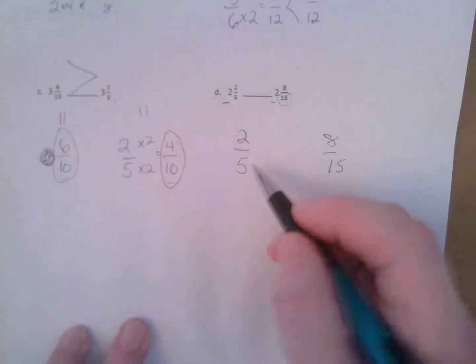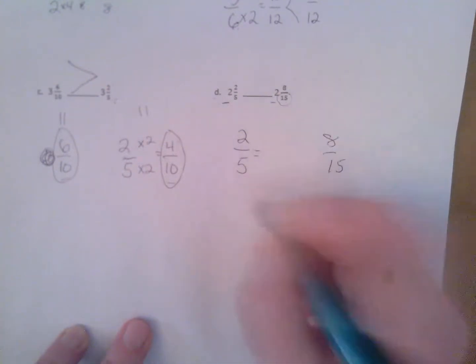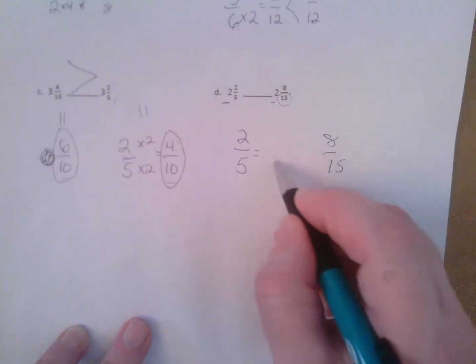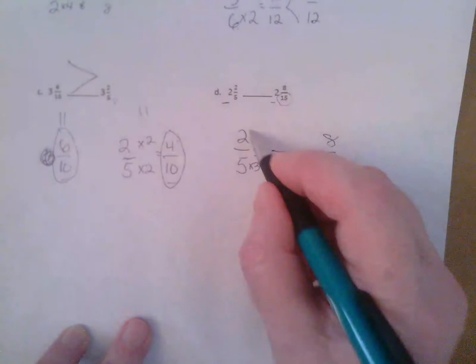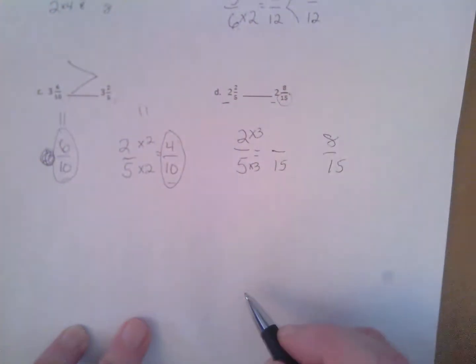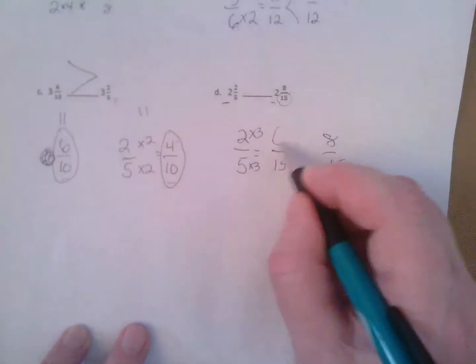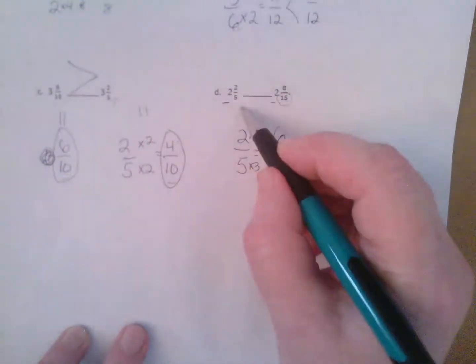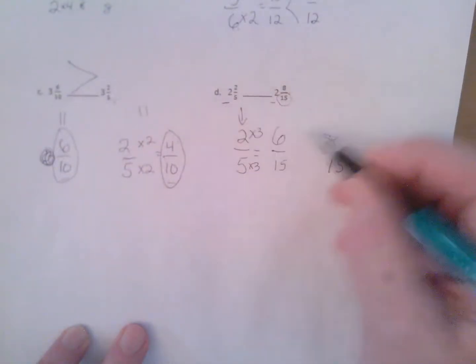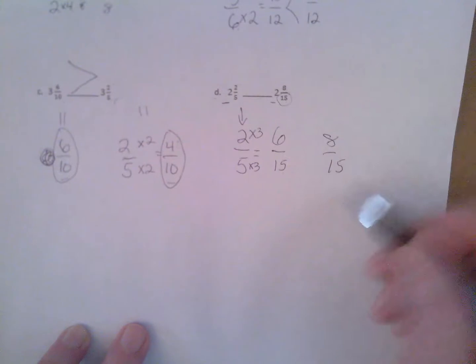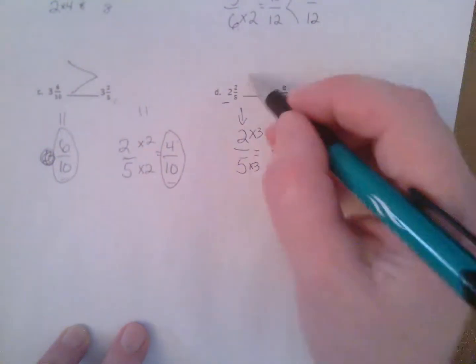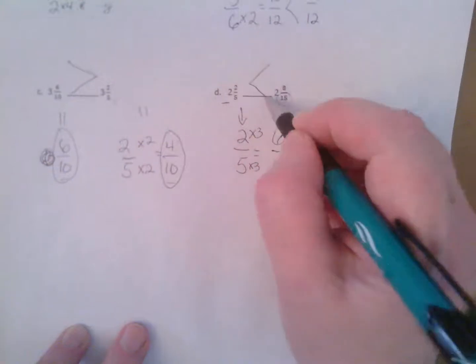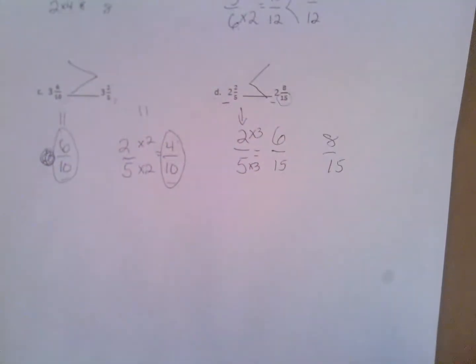I want to know what did I do to the 5 to make it a 15? Multiplied it by 3. Whatever you do to the bottom, you have to do to the top. 2 times 3 is 6. So 2/5 is equal to 6/15, and 2 and 8/15. So I know that 6/15 is less than 8/15.